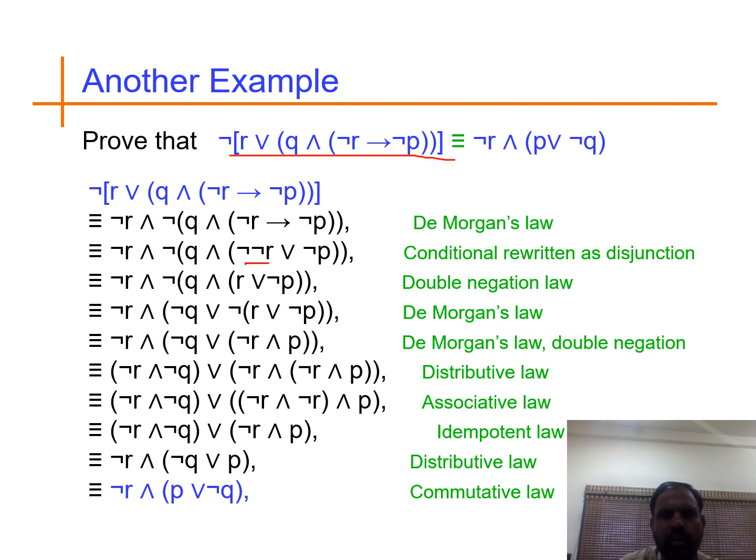Again by using De Morgan's laws we can get this one, negation of R and negation of Q or negation of R or negation of P.